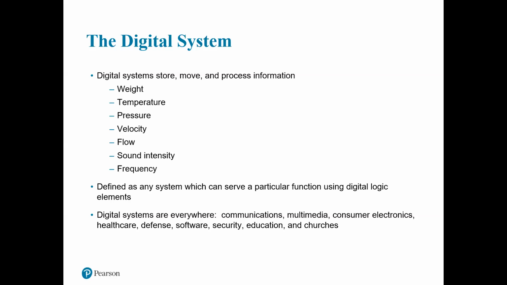Digital systems, as I mentioned, are everywhere: communications, multimedia, consumer electronics, healthcare, defense, software, security, education, churches, and our homes. Our light bulbs have digital systems. Our refrigerators, microwaves, ovens, everything has a digital system. Our cars.